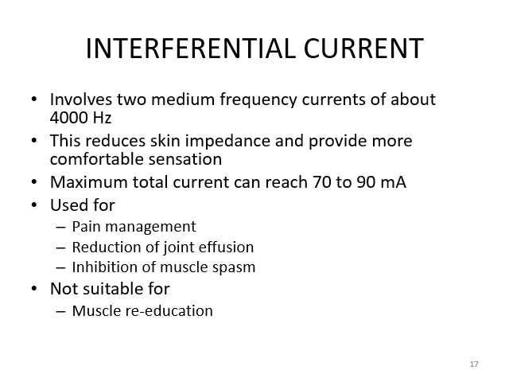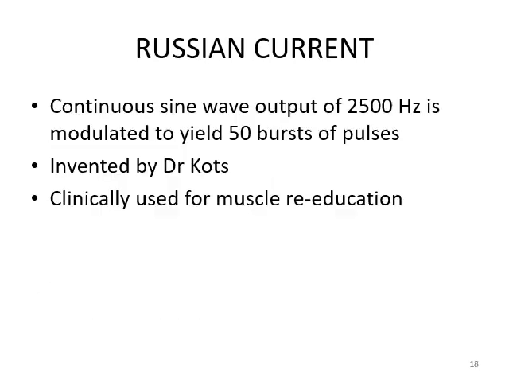The primary use of IFT or interferential current is pain management, reduction of joint effusion, and inhibition of muscle spasm. As the beats are coming continuously and the instruments provide no option for on time and off time, this system is not particularly useful for re-education of muscles.